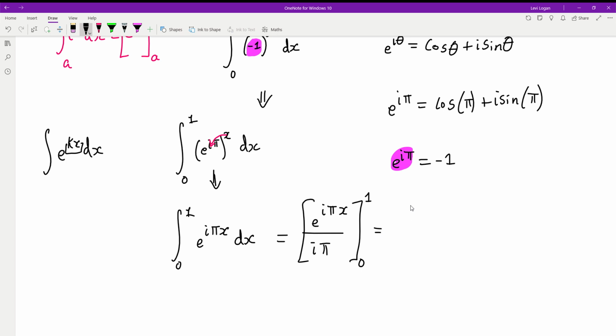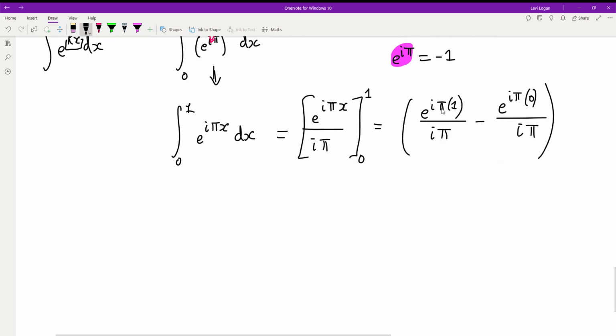Substituting in 1 first, you're going to have e to the i pi times 1 all over i pi, minus substitute our second bound, so we'll have e to the i pi times 0 divided by i pi. Right, so what happens over here, that just turns into this, e to the i pi all over i pi, minus that whole thing turns into 1 because 0 times pi times i will be 0, so e to the power of 0 will be 1, so you have 1 on i pi.